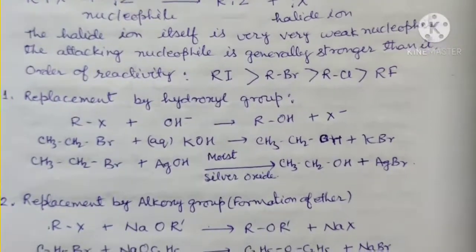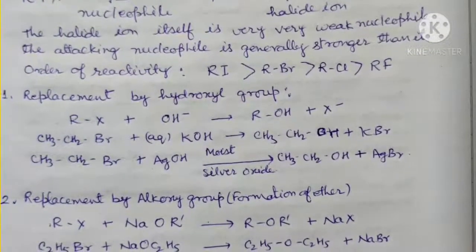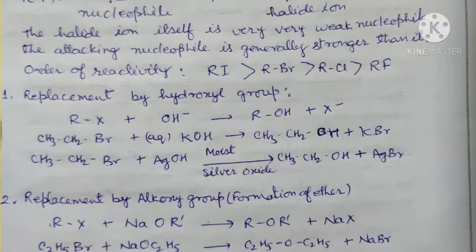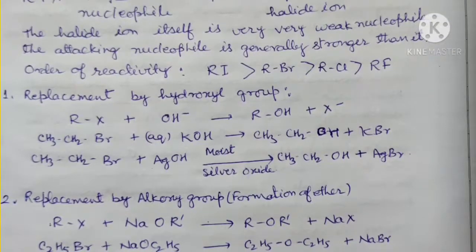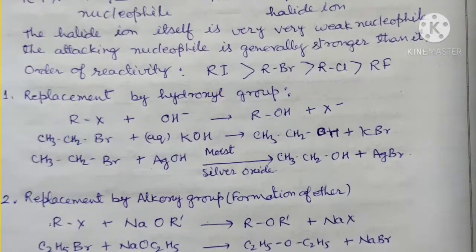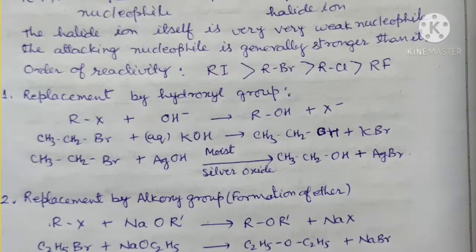Then we will write some nucleophilic substitution reactions. The first is replacement by the hydroxyl group. Haloalkanes on treatment with aqueous potassium hydroxide or moist silver oxide give alcohol.